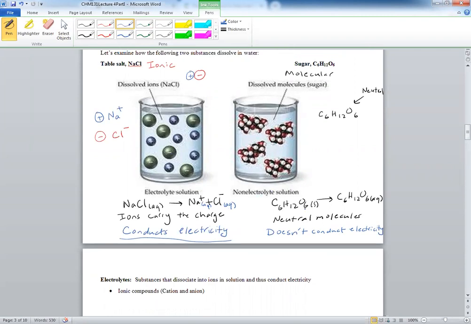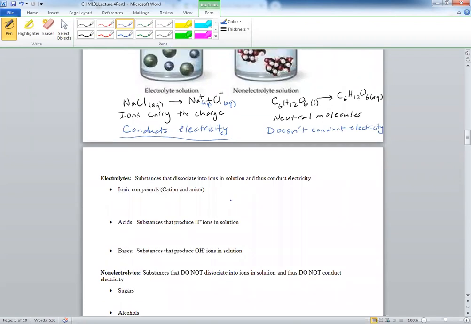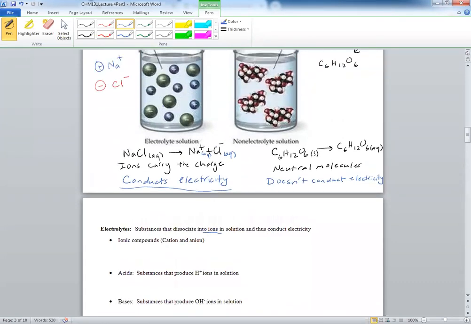So where do you think then these names come from? Electrolytes and non-electrolytes. They come from this idea in chemistry and solutions. So electrolytes are substances that dissociate into ions. This is the key. And of course, once you have ions, you can conduct electricity. So you must have ions in order for the solution to conduct electricity.